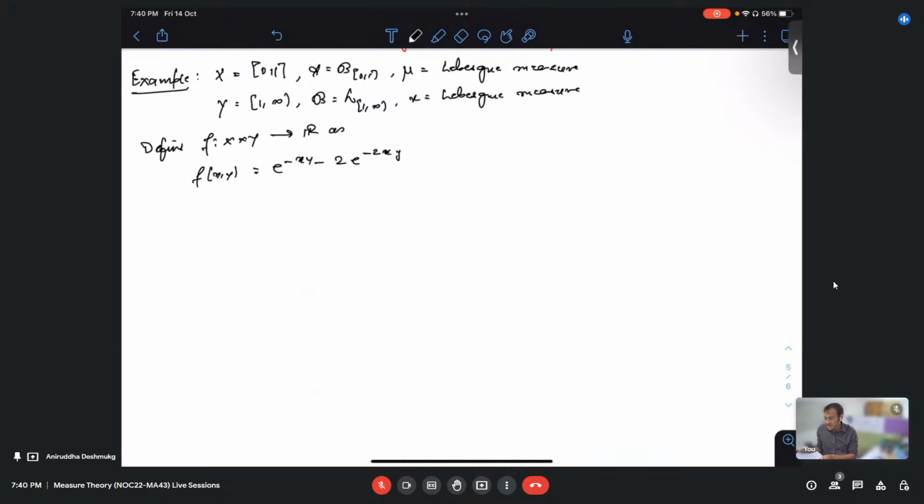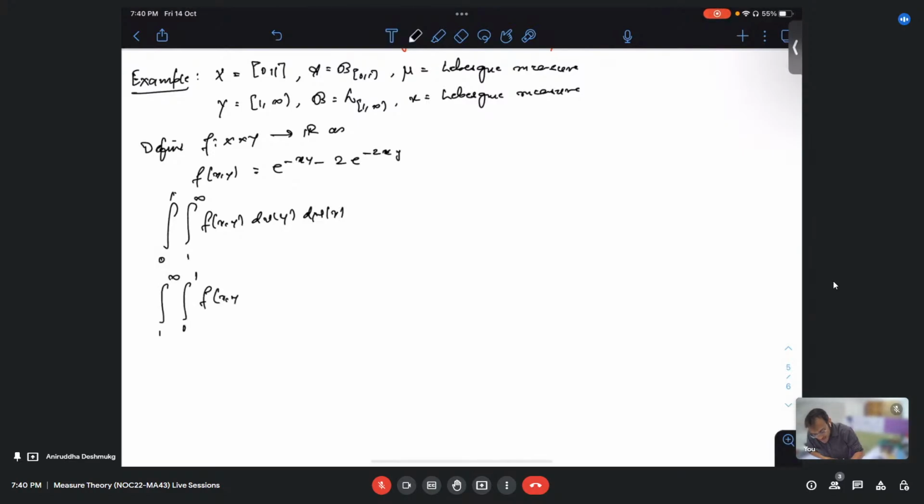So if I just ask someone to integrate this, from 0 to 1 and 1 to infinity, f of xy d mu y d mu x, or 1 to infinity, 0 to 1, f of xy d mu x d mu y, then they are quite difficult to handle directly.